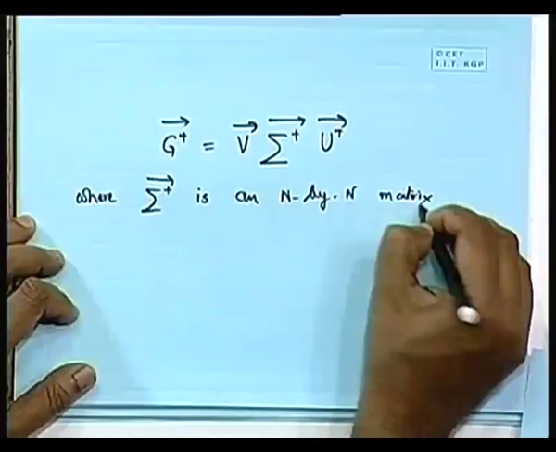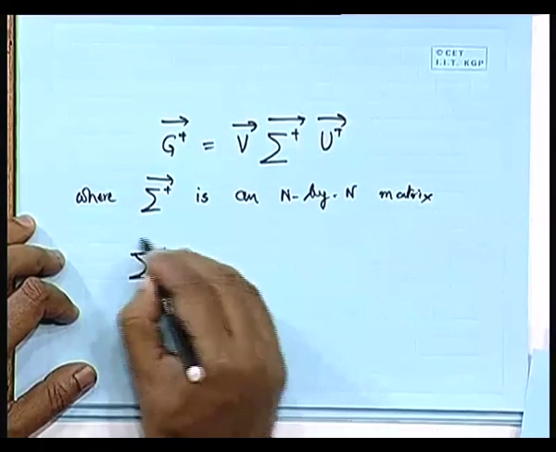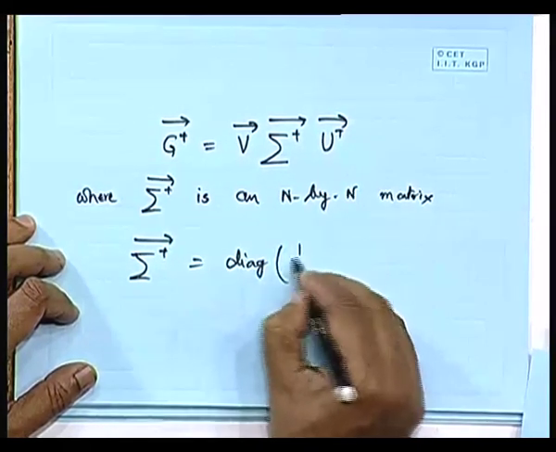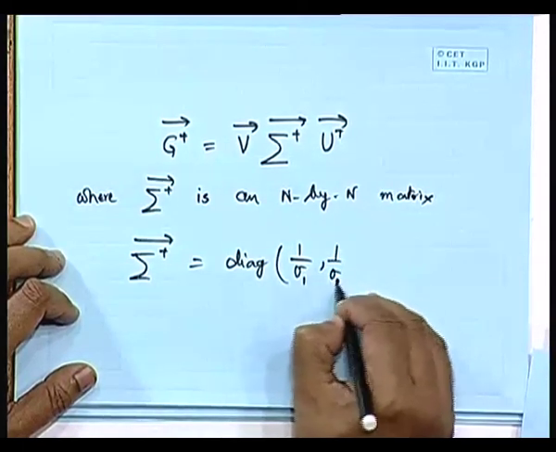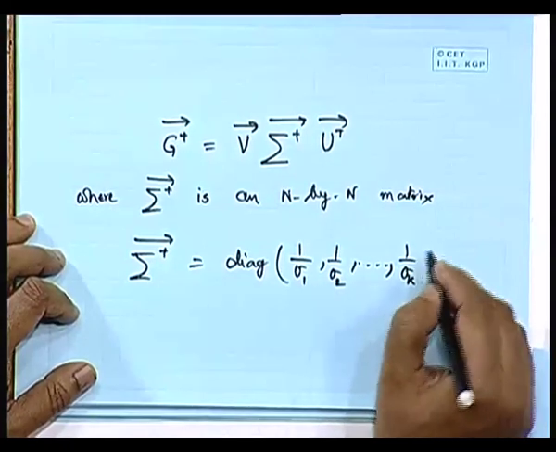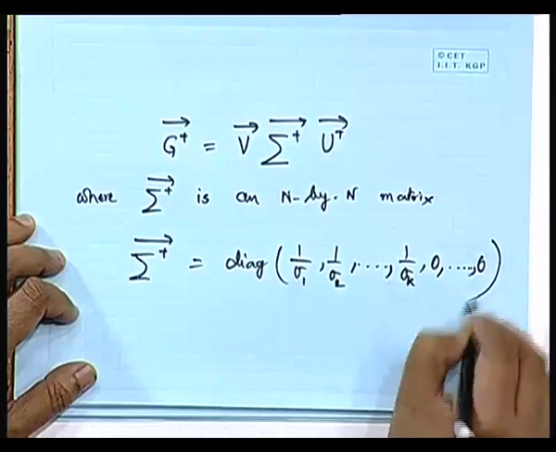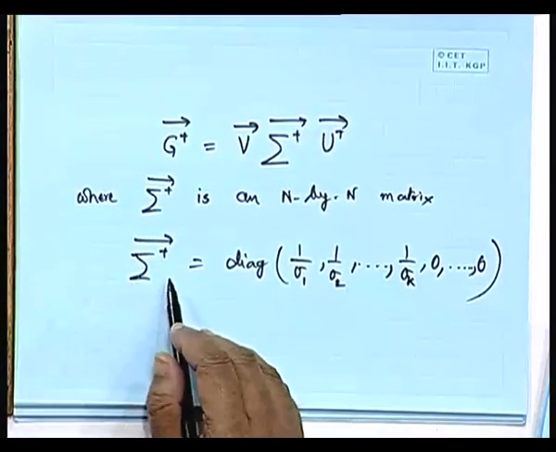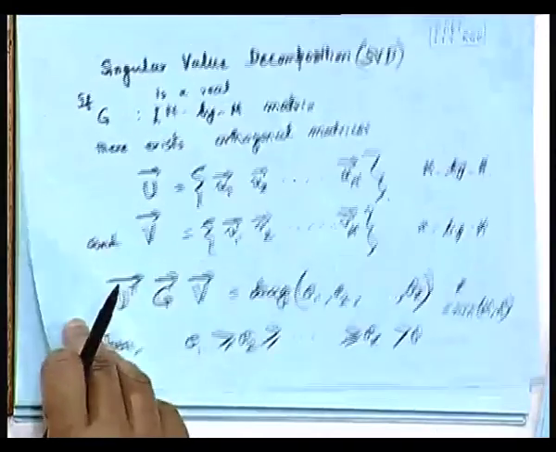G plus can be recovered as V sigma plus U transpose, where sigma plus matrix is an n by n matrix, defined as the diagonal of 1 by sigma 1, 1 by sigma 2 up to 1 by sigma k, and the rest of the elements are zeros.